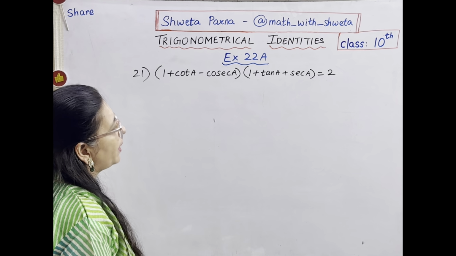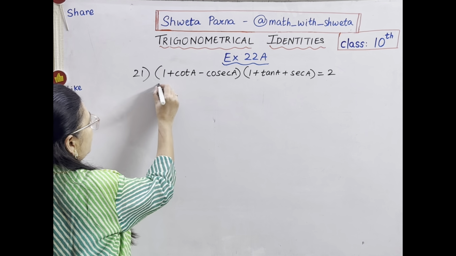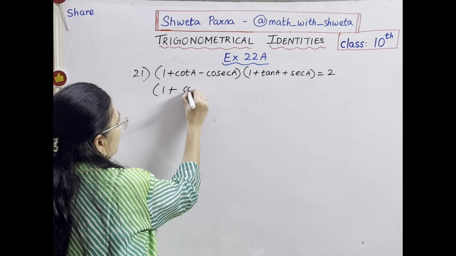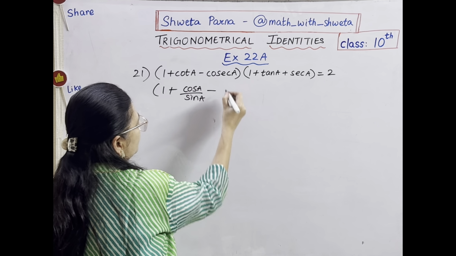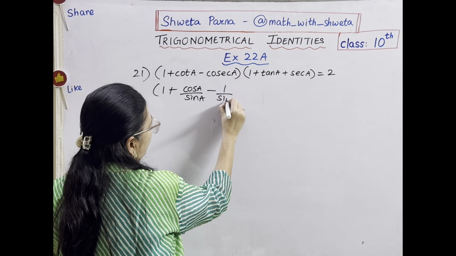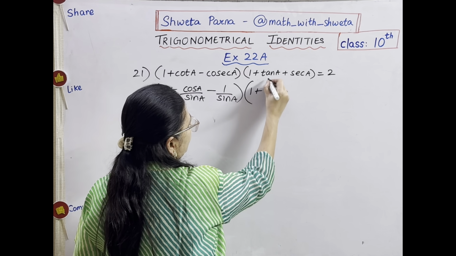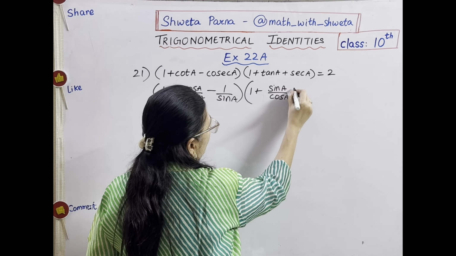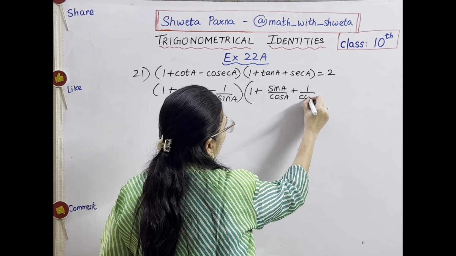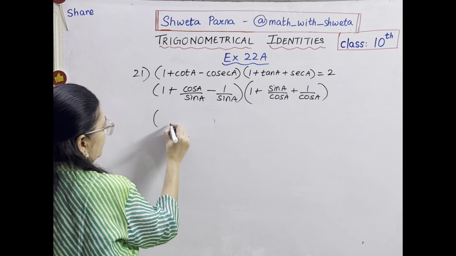Let's go to question number 21st, children. 1 plus cot A minus cosec A into 1 plus tan A plus sec A. Let's solve it. 1 plus cot A is what? Cos A upon sin A. Minus cosec A is 1 upon sin A. Into 1 plus tan A is sin A upon cos A plus sec A is 1 upon cos A. Take the LCM.